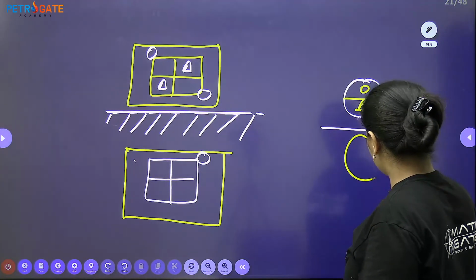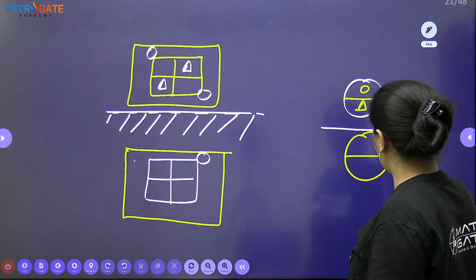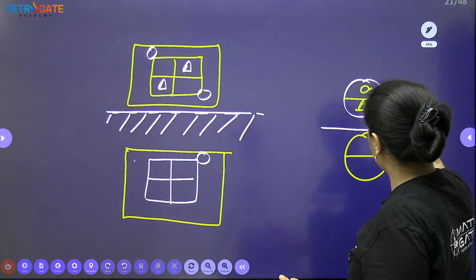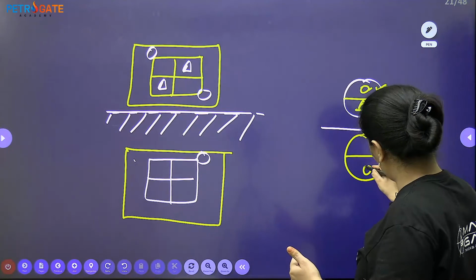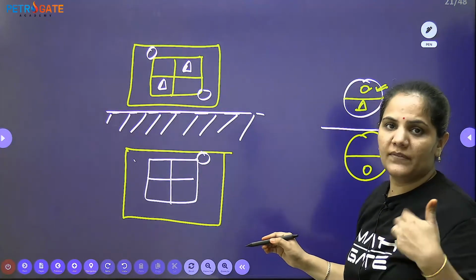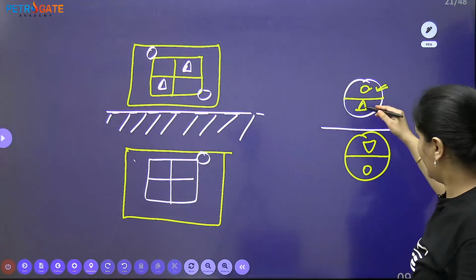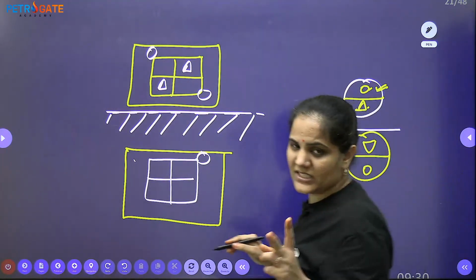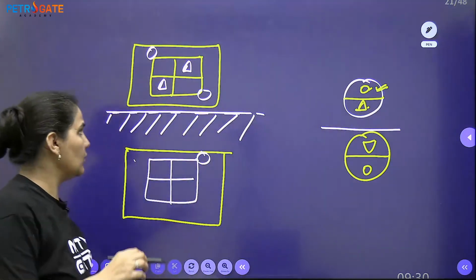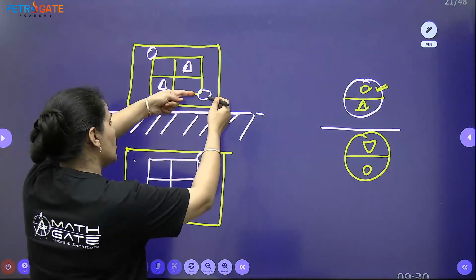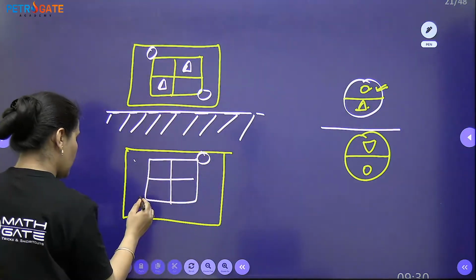If I need to go for the water image of this one, as I know very well, the upper portion will come at the lower portion, and the lower portion will be at the upper side. So it will be changed, and the direction also changes, it rotates. Okay, so when I go for this one, this lower portion will be here, this upper portion will be here only.